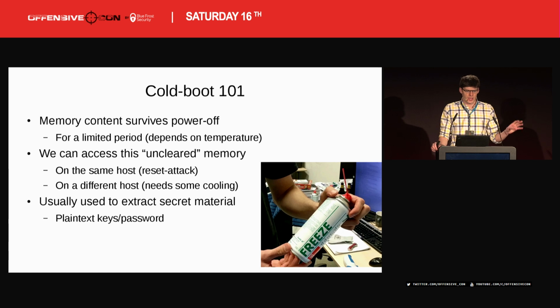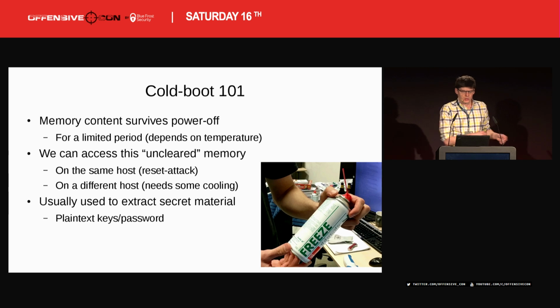We have a victim machine and a host machine, and some interesting data in the victim machine ends up in RAM. We cut the power of the victim machine, quickly take the DIMM out and put it on the other machine, and start reading the memory there, hopefully getting plain text keys or passwords. So this is the cold boot attack in short.